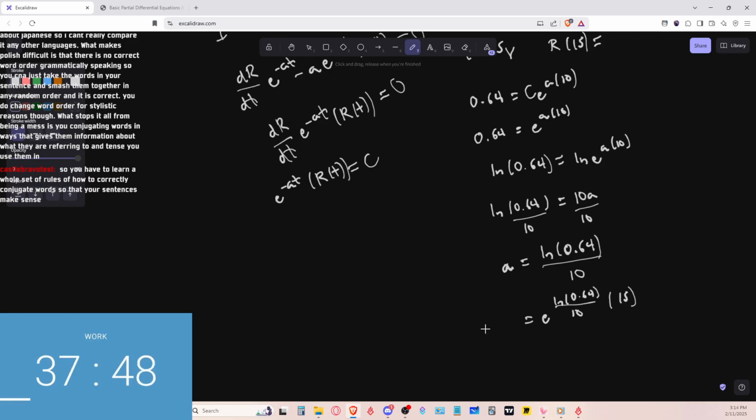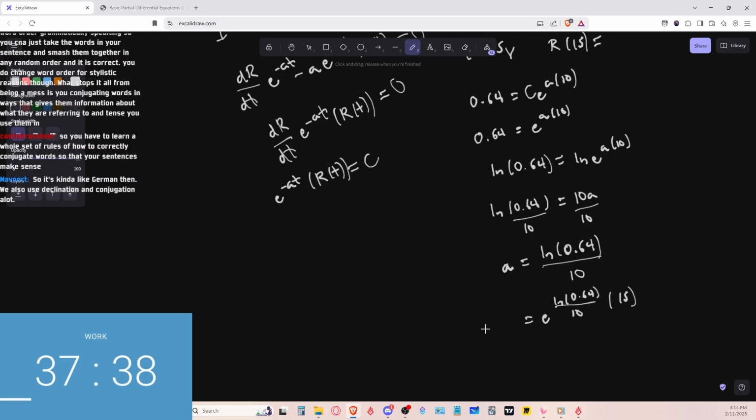So let's see. A radioactive decay is the rate of conversion. If 64% of the substance remains after 10 years, what is the percentage remaining after 15 years? Did I do this right? Yeah, because when I did the numbers... Oh, wait, oops.